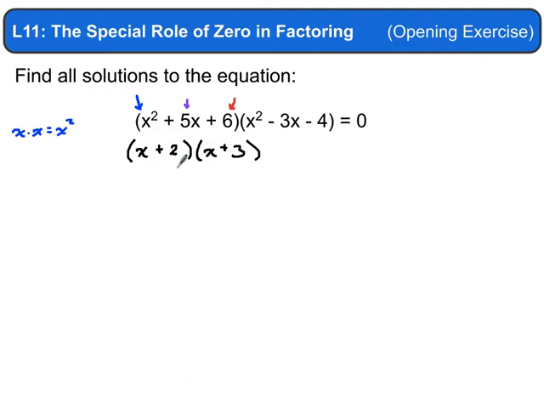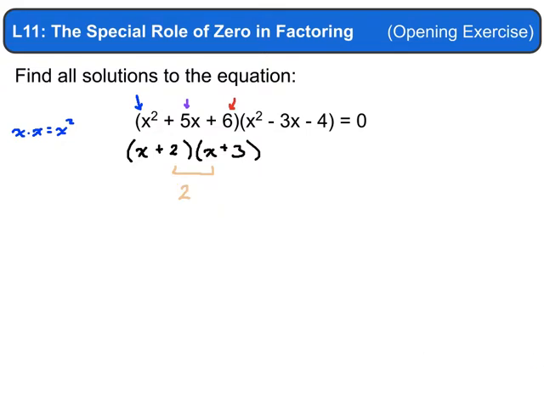You multiply the inside, which is 2x, and you multiply the outside values, which is 3x. If these two add up to equal the number in the middle, which is 5x, that is the combination you are looking for in this particular piece.